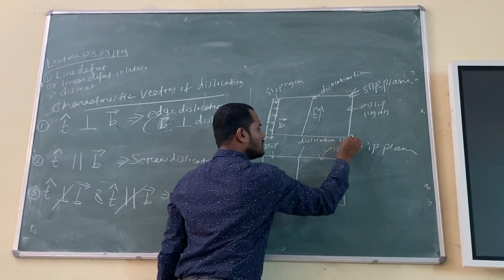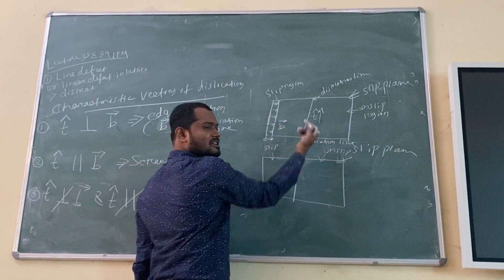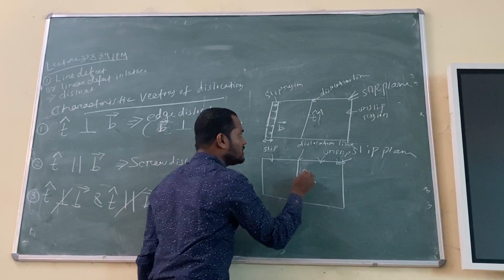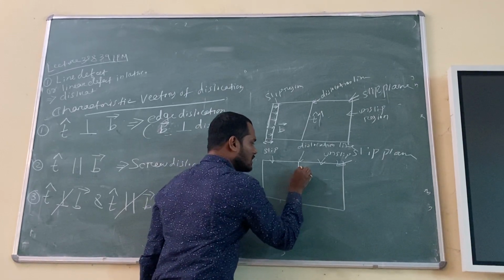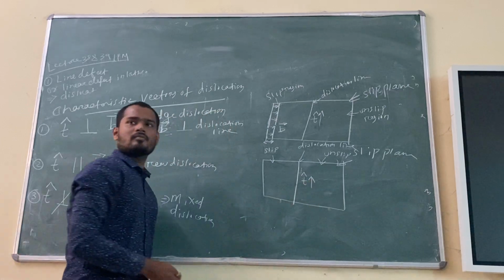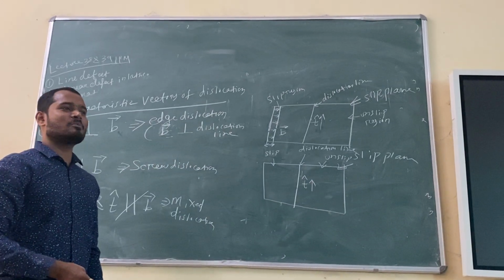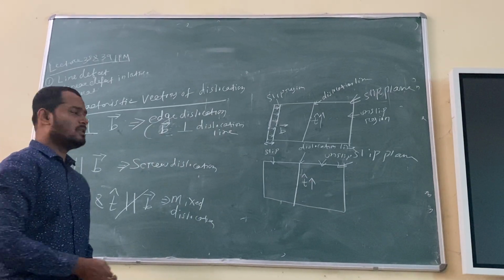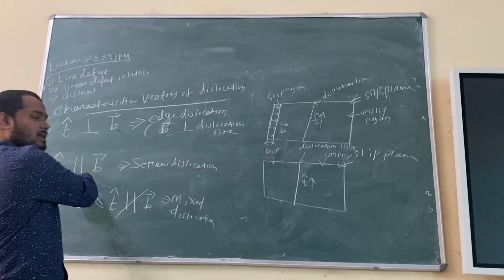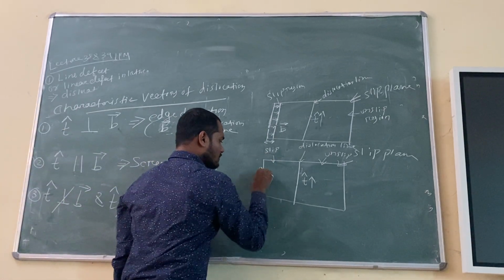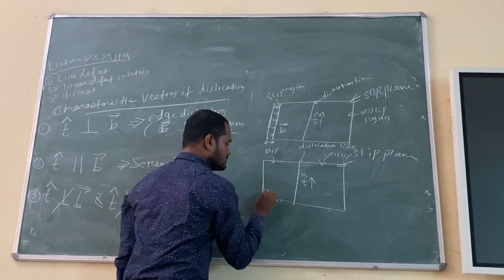And the tangent vector is always fixed because it is tangent or parallel. So I am writing like this. Now how will the Burgers vector be? That will be critical because you have to show parallel, right? I can show like this.